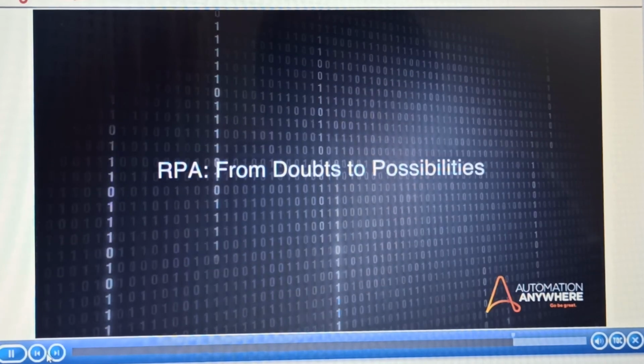Before you try robotic process automation, you and your organization have questions and doubts. What process to automate, how long it will take, what will the benefits be, and these are all valid questions. But you see someone who has implemented even a small proof of concept in their organization, and you see after that, it is a dramatic difference.